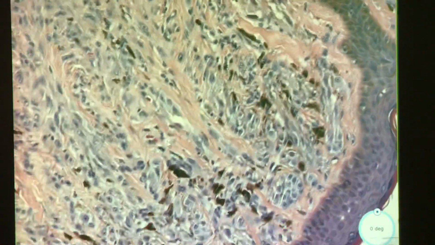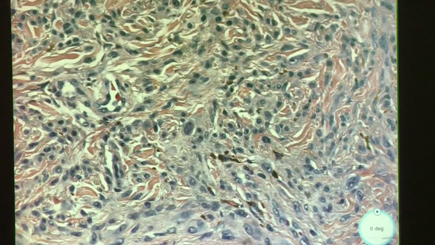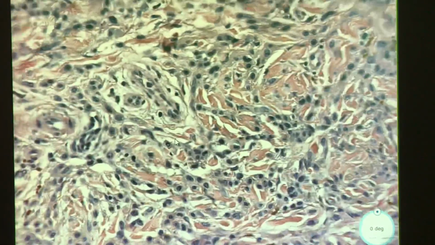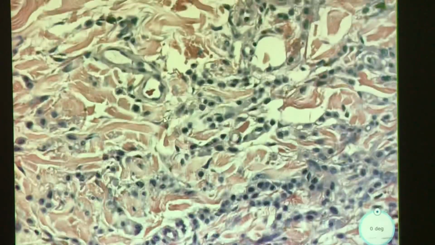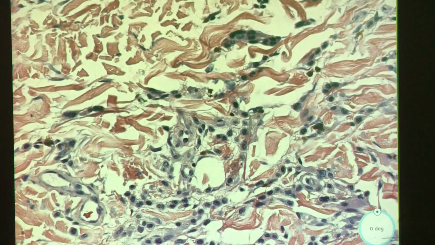So there are melanocytes, lots of them, and they look a little weird. Some of these are a little bigger, but they're a little more... How should I describe this? Spindly, maybe? They are more spindly.